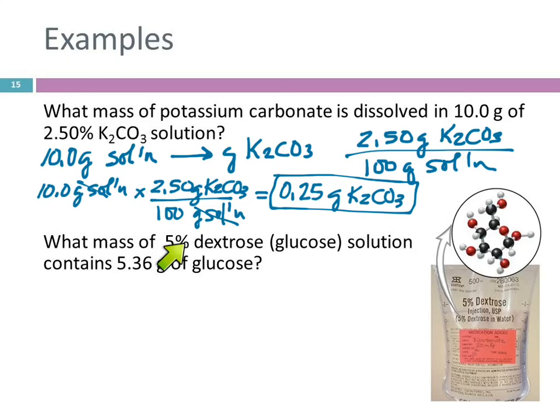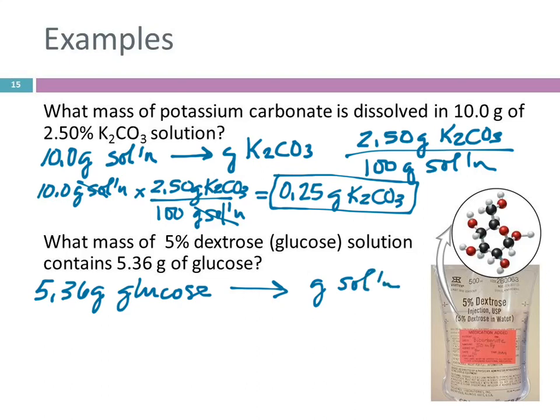Well, we've got two numbers here. The percent is going to be the conversion factor, the unit factor. And so where we're starting is with the other number. So 5.36 grams of glucose. And what do they want us to find? Mass of solution. So we need a unit factor to relate these two.